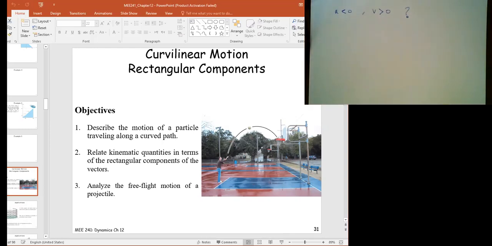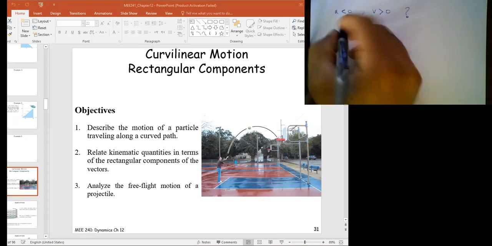How? Let's say your velocity is 10 meters per second, but your acceleration is -1 meters per second squared. Can you give me a real life example? If your car is going 50 miles per hour and you're slowing down, the acceleration is negative, but the velocity is positive. That's right, exactly. So this is one example.